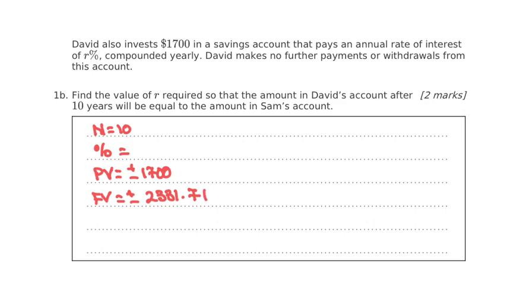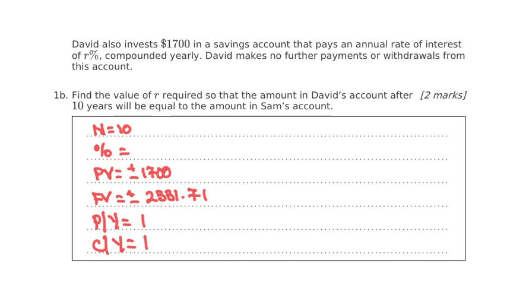Remember, if the present value is positive, the future value should be negative. The payments per year this time is 1. Again, compounds per year is this time 1 because it is compounded yearly.